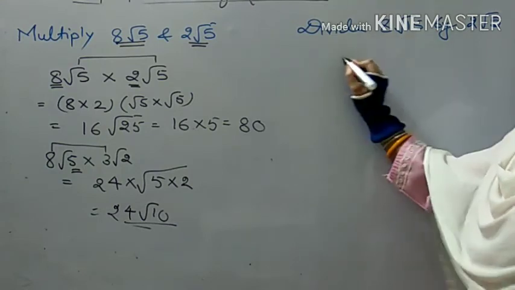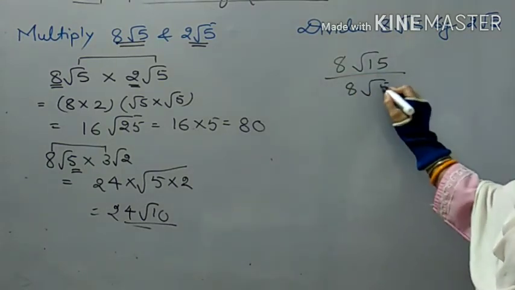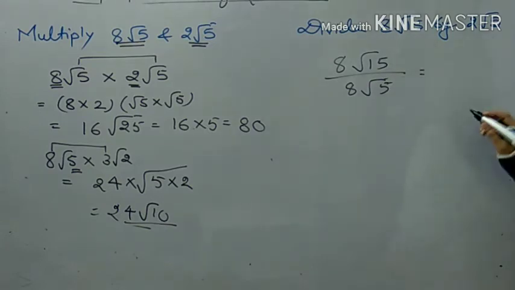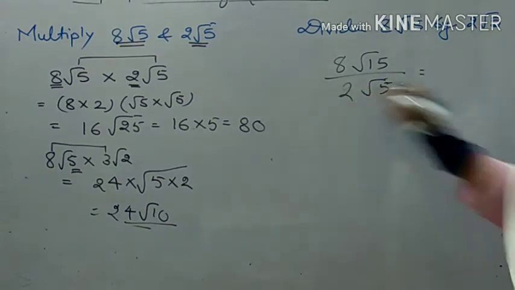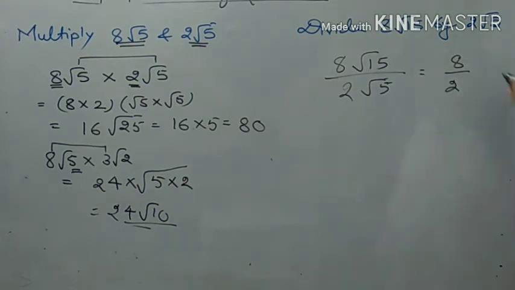To divide 8 root 15 upon 8 root 5. Suppose 2 root 5. It is the same process: divide rational by rational, and root 15 by root 5. We know that root x upon root y can be written as under root x upon y.